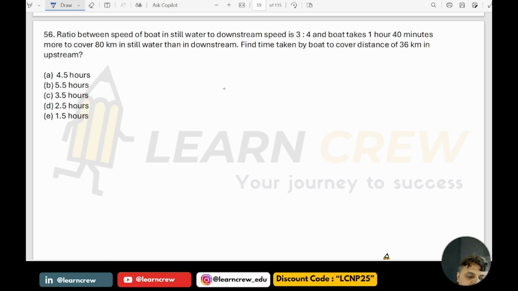So you can say here 1 hour 40 minutes means 1 plus 2 by 3 hours, which is 5 by 3 hours. So you can say 80 by 3x minus 80 by 4x. The speeds are in the ratio 3:4. Distance by speed is time, that is 5 by 3.